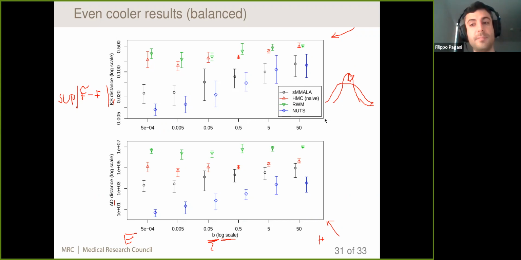And yet, despite that, NUTS is actually quite good, because NUTS is very good at exploring ridges, and because it's so adaptive, it can stop the trajectory whenever it's appropriate. Because of that property, it also works very, very well on curved ridges.